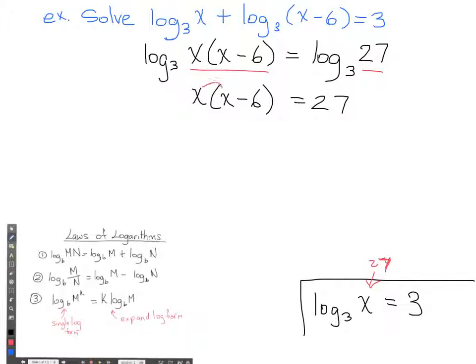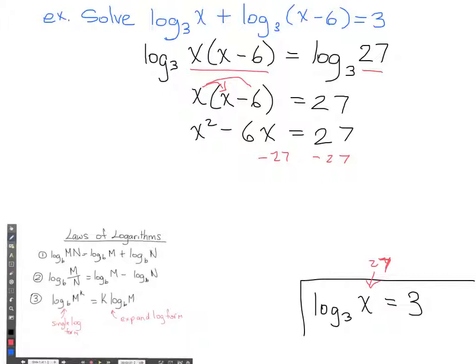We have to distribute that x, and we get x squared minus 6x is equal to 27. Now, what type of equation is this? We see it all the time. The highest exponent is 2, and that tells us that it's a quadratic, which means that we want it to be equal to 0 so we can factor and solve.